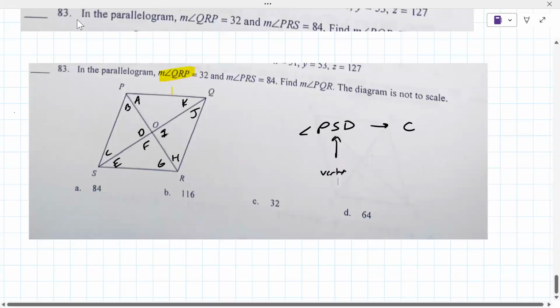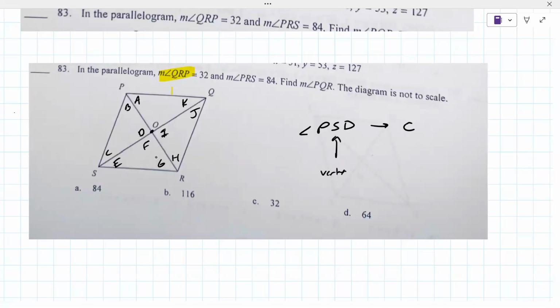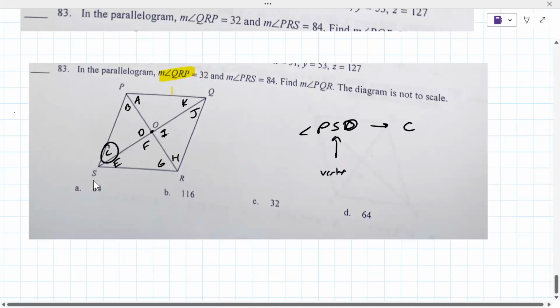So, you want to try again for QRP? Q is here.